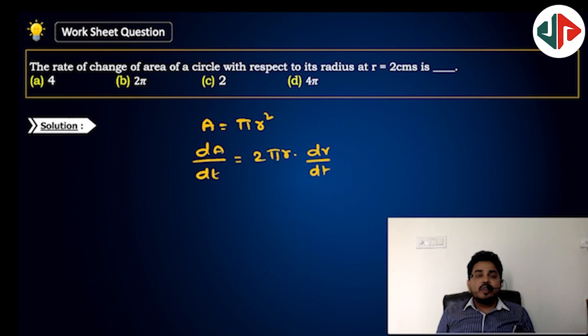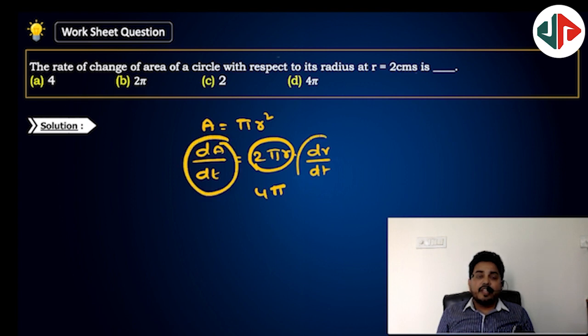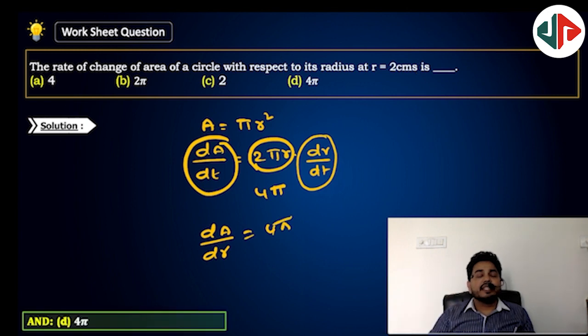So r is equal to 2. So this answer will be equal to 4 pi. So the rate of change of area with respect to its radius, that means you require dA by dr, is equal to 4 pi. That is the answer for this particular question.